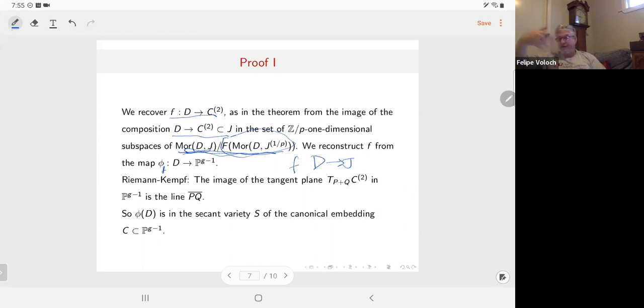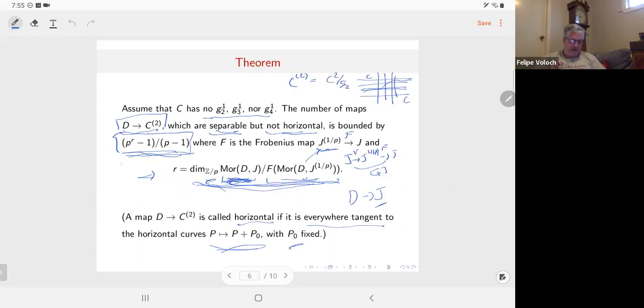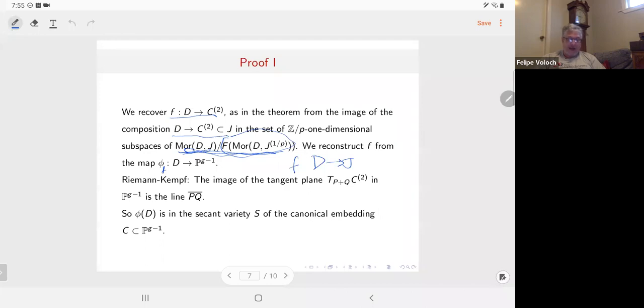And this number here is the number of one-dimensional subspaces of a Z mod P vector space of dimension R. So that's where this number is coming from. And the claim is that I can recover my map F from phi F. Of course, I cannot recover my map F as a map from D to J. That would not make sense, right? When you go from morphisms from D to J to this quotient group, you're losing a lot.